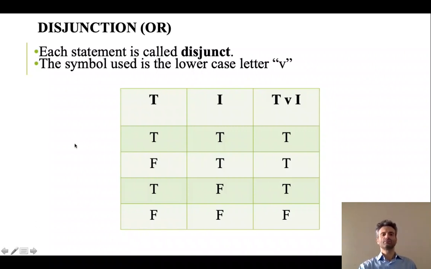Now in this case, both options, as you can see, are true. Consequently, the truth value of T or I is true. And similarly, when one of the options is false and the other is true, we still have a truth value for the compound statement.